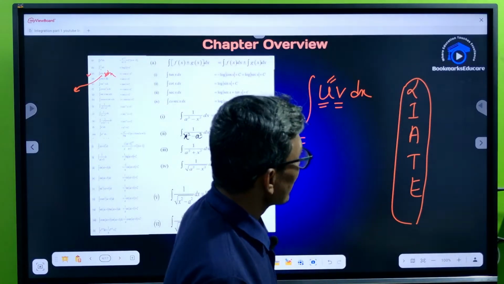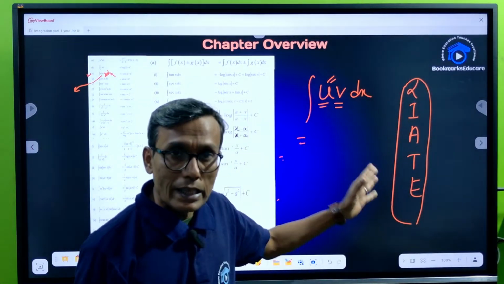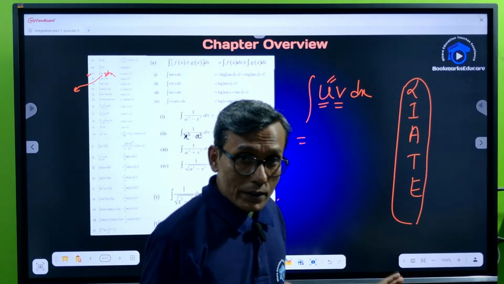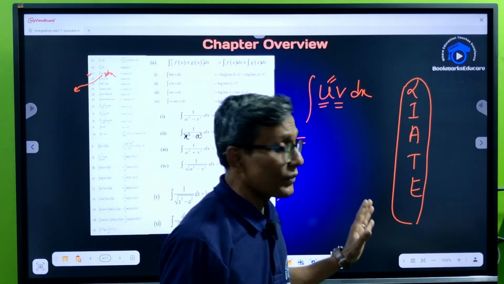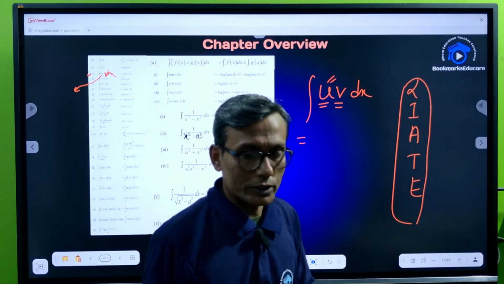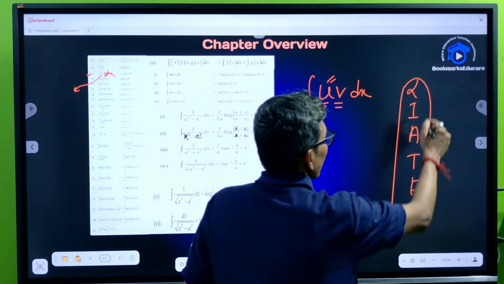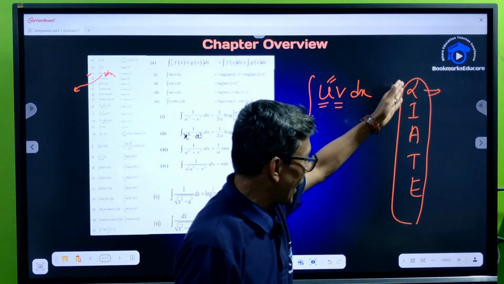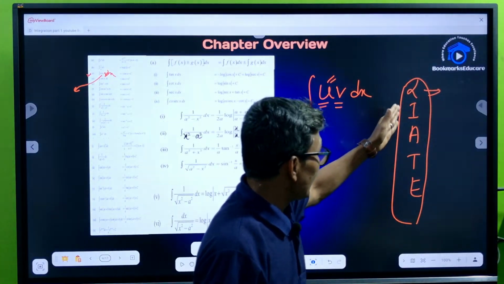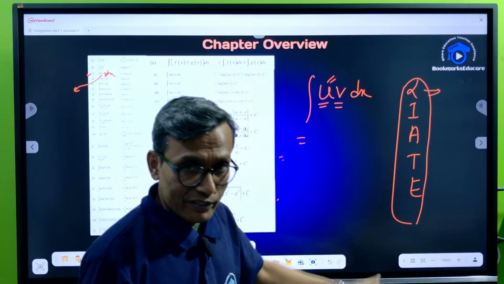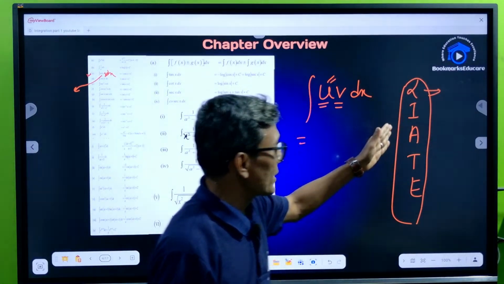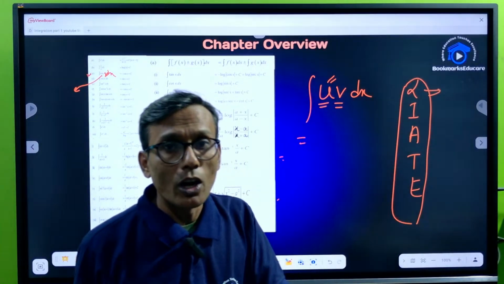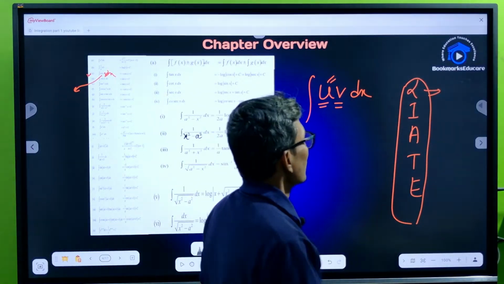According to the letters in the word LIATE, we are able to identify or choose the first function. Clear? There are 5 types of functions, because in the word LIATE there are 5 letters.